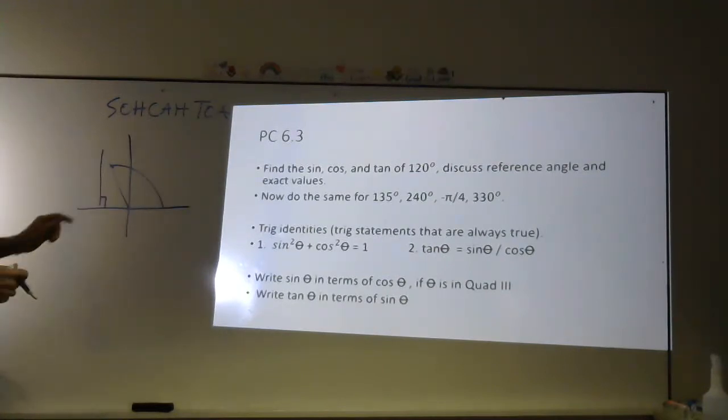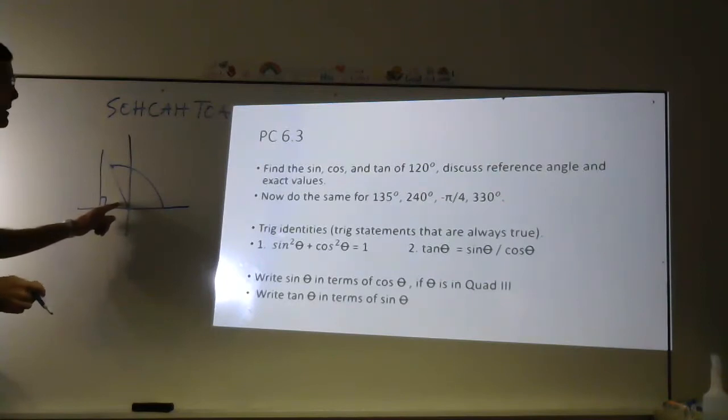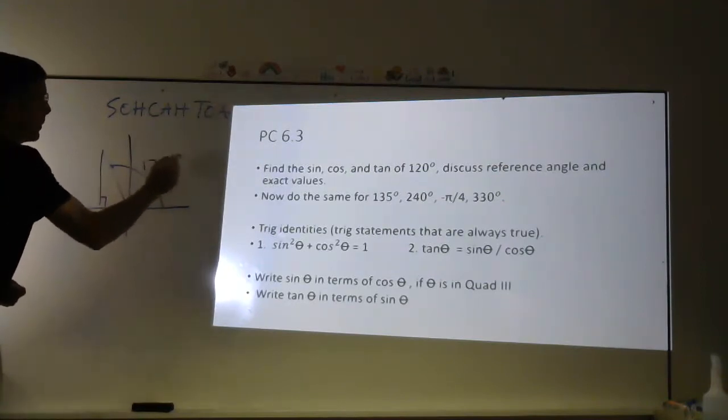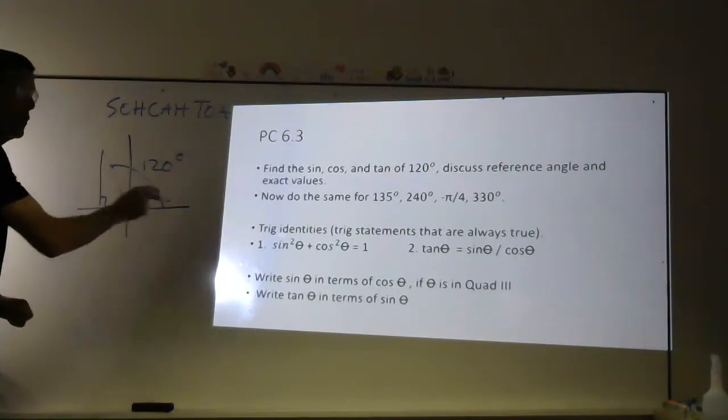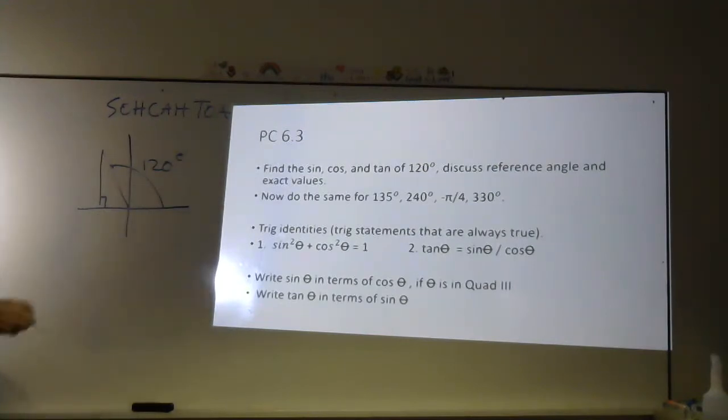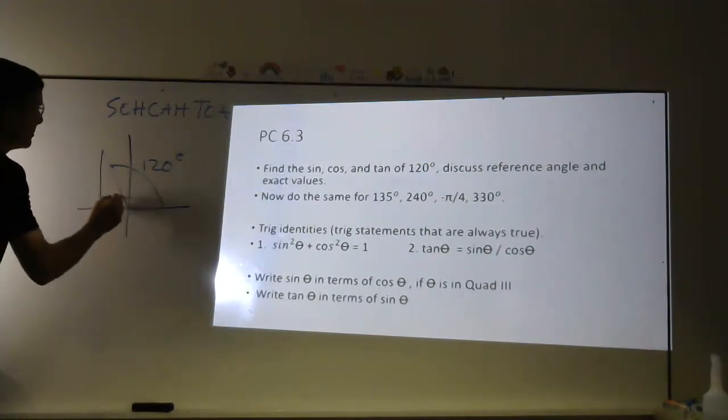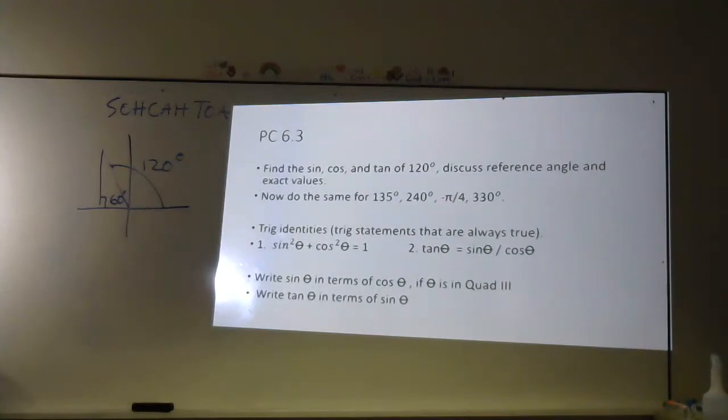This is called the reference angle down here. If this is 120, then we know this total is 180, so this angle down here would be 60. The reference angle is 60, and that's what we will use to get our sine, cosine, and tangent.